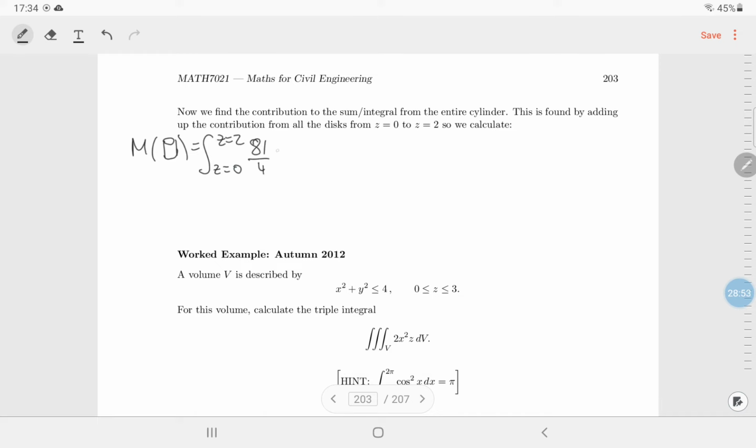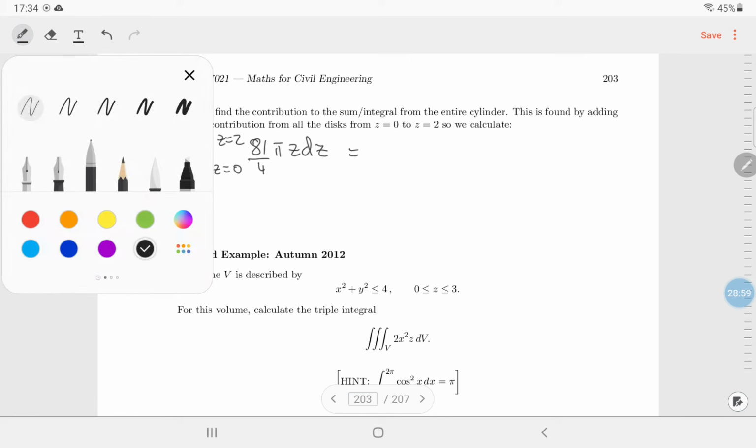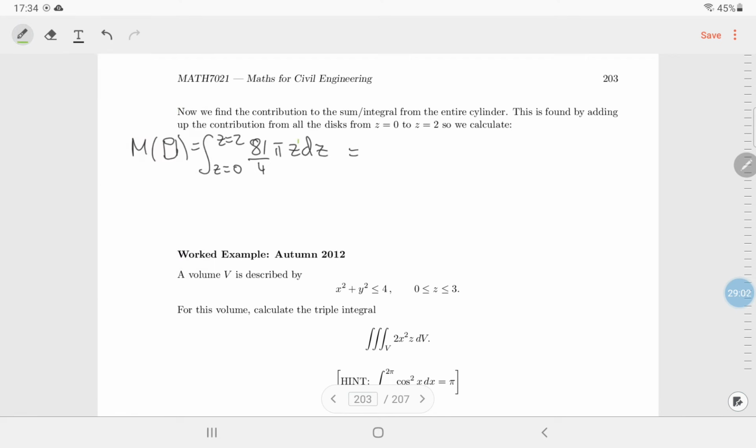So there was a pi in there, a z, and a dz. So we can anti-differentiate this straight away, because we can anti-differentiate z, because it's just z to the 1. So let's fix the constant 81 over 4 pi, and the antiderivative of z to the 1 is z squared over 2. And we're going from 0 to 2.